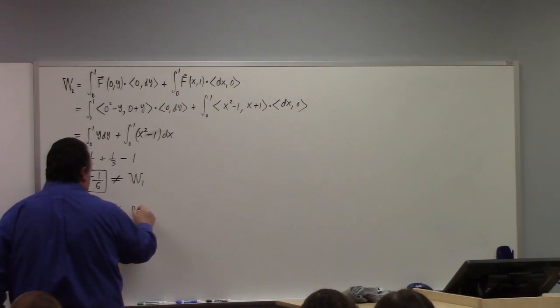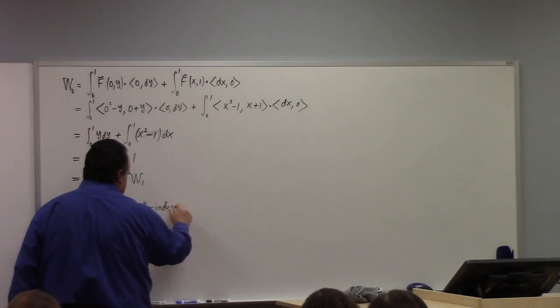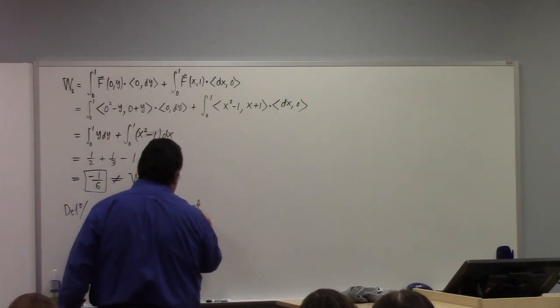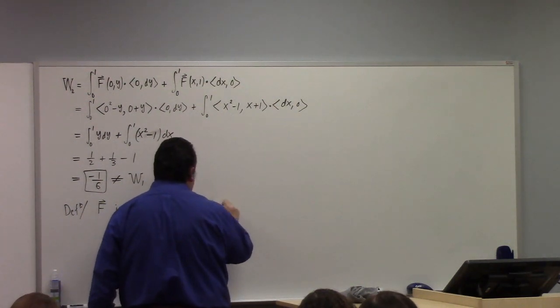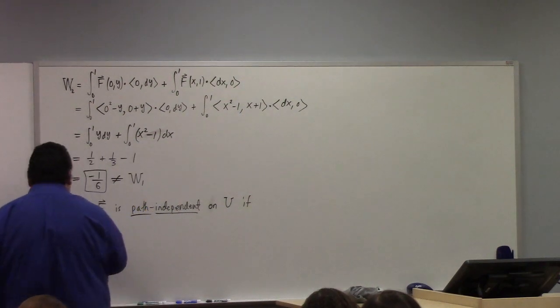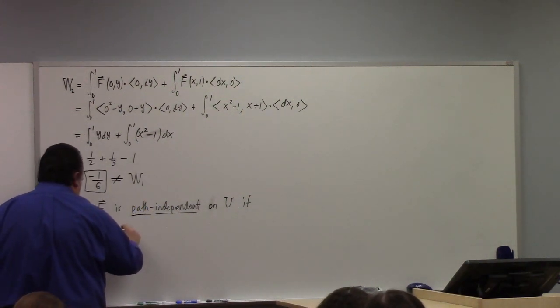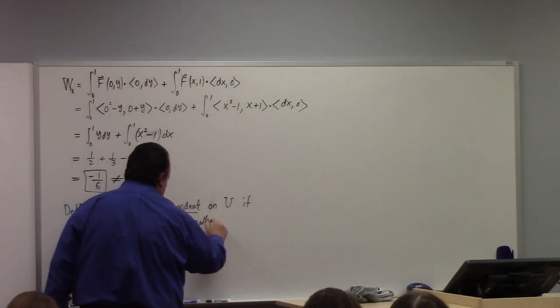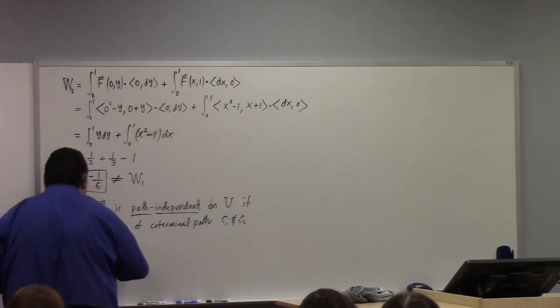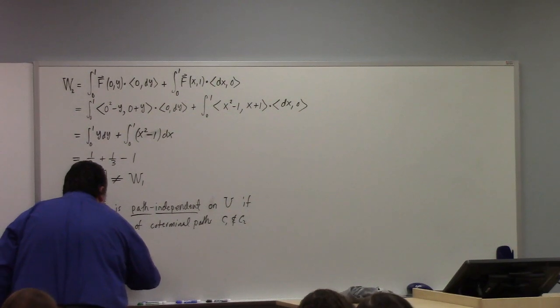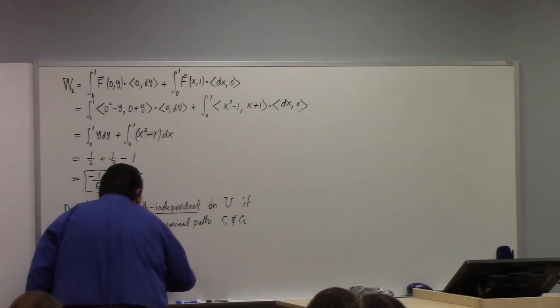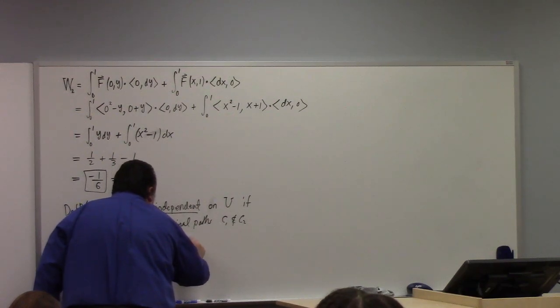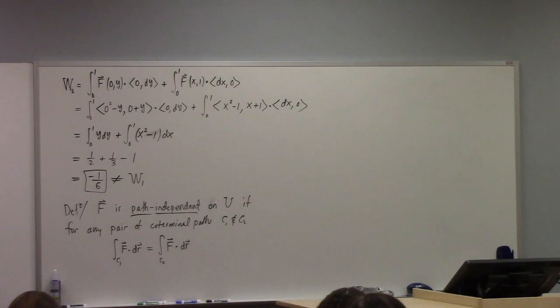F is path independent on U if for any pair of coterminal paths C1 and C2, the integral over C1 of F dot dr is equal to the integral over C2 of F dot dr. In other words, a path-independent force is one for which the work done between 2 points doesn't depend on which path you take between the 2 points.